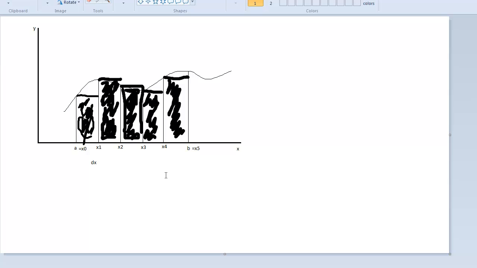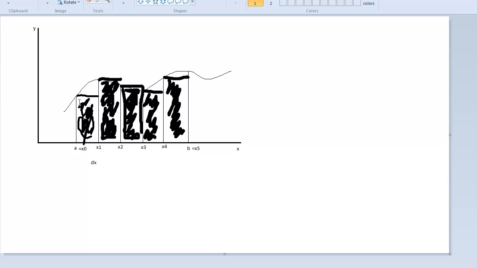That is what we are actually going to do numerically. So we are going to sum some rectangles, where the base is dx and the height is the value of the function at the beginning point.